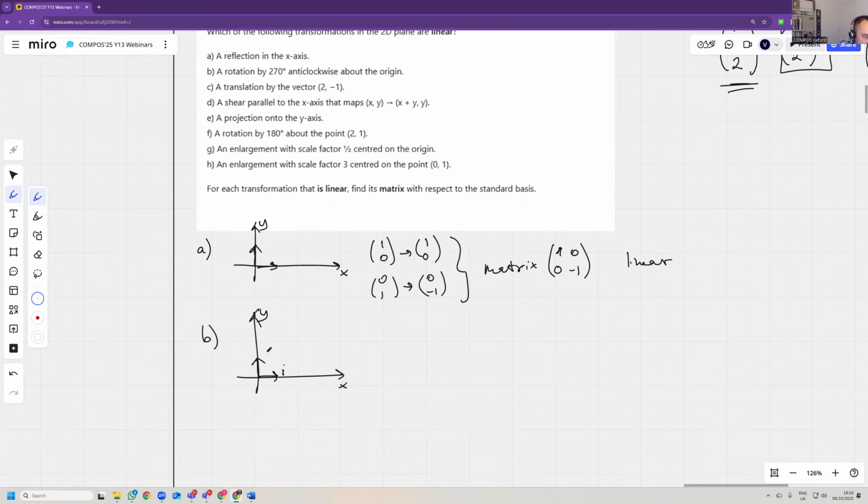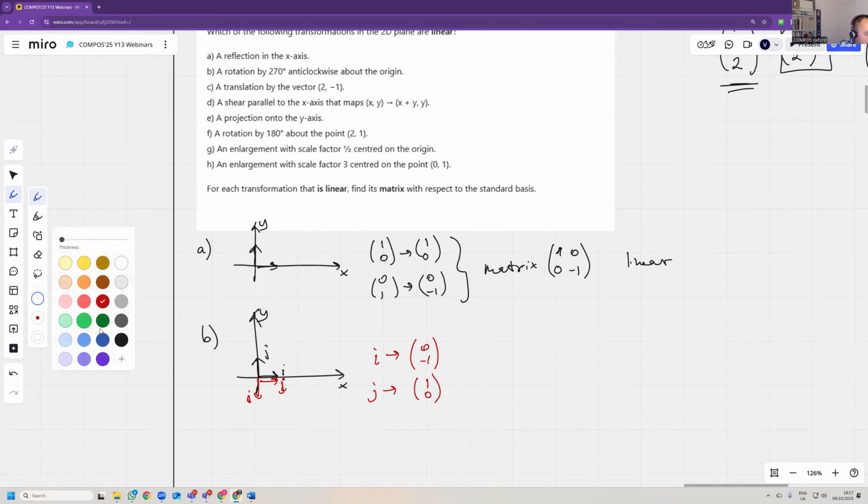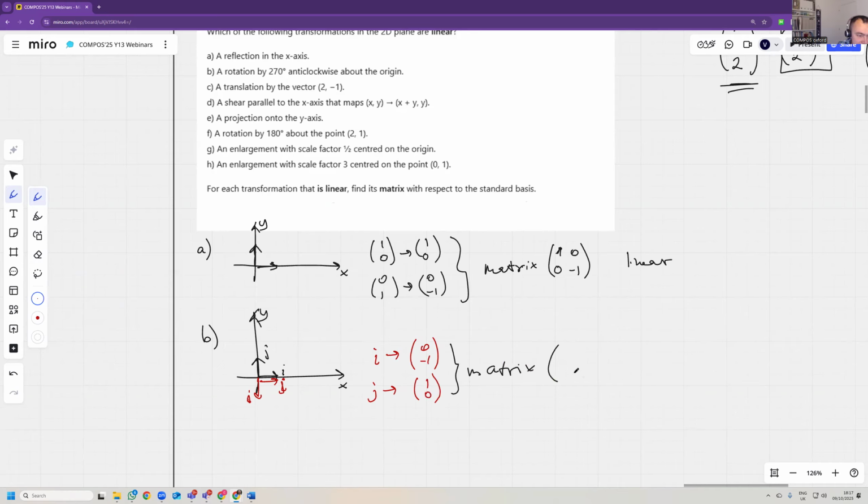Now this is vector i, this is vector j, and after 270 degrees they become, yes, i turns into (0, minus 1), and j turns into (1, 0). So the matrix is [0, 1; minus 1, 0].